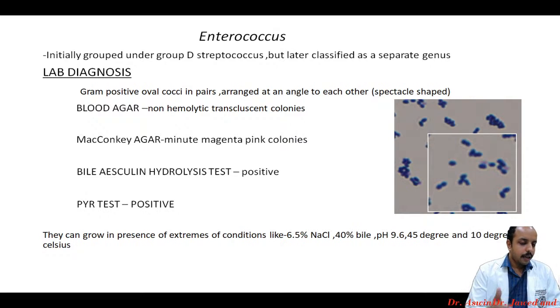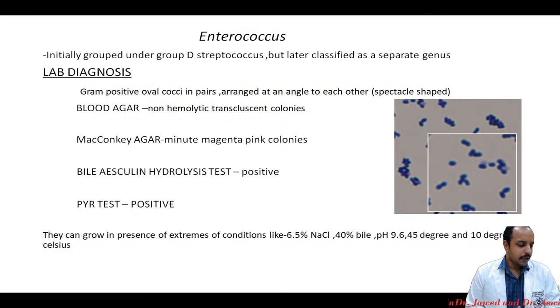Now, for a bile esculin hydrolysis test, there are two methods to do this test. That is, one is tube method and the other one is plate method. In tube method, we use 0.5 ml of 2% sodium deoxycholate in 1 ml of emulsified colonies in normal saline. And the turbidity detected is between 0.5 to 1 McFarland units.